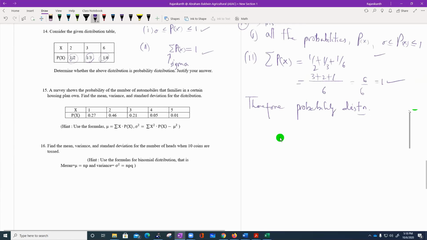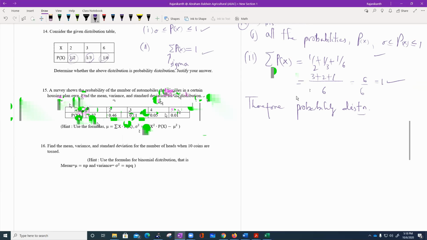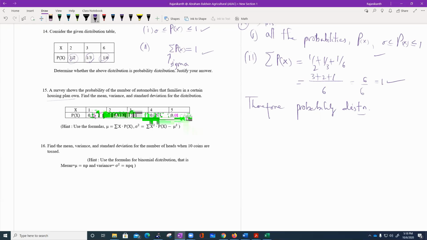The second one, you are given the probability distribution. You don't need to check. They are already telling you that the given table is a probability distribution. But anyway, you could check whether all the numbers add up to 1, by simply plugging in all 5 numbers. You should get 1 because they are telling you that it is a probability distribution table.